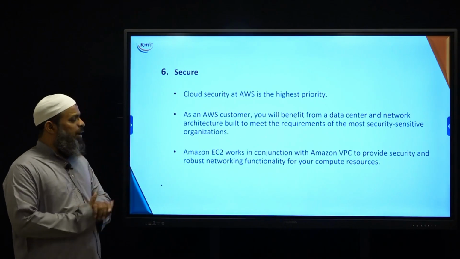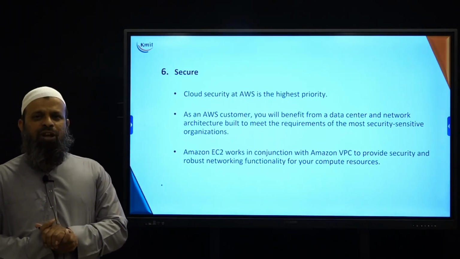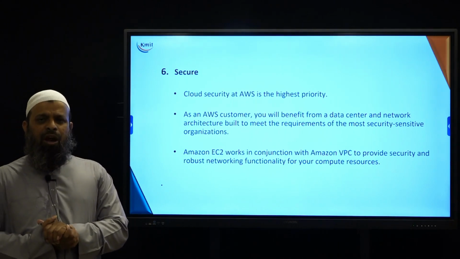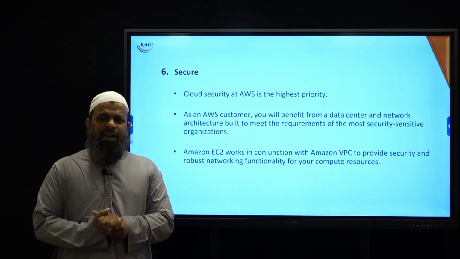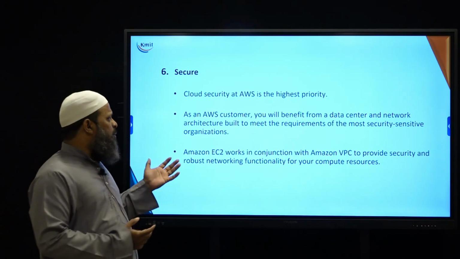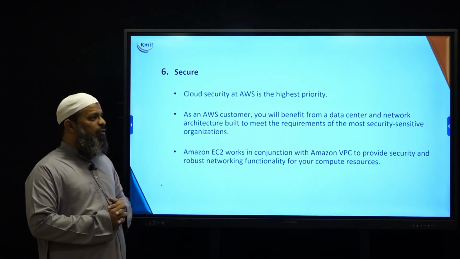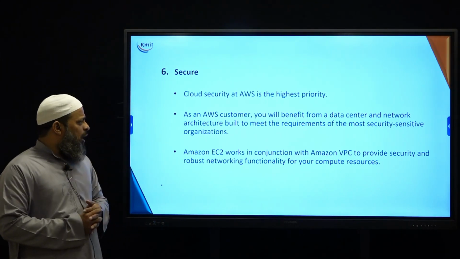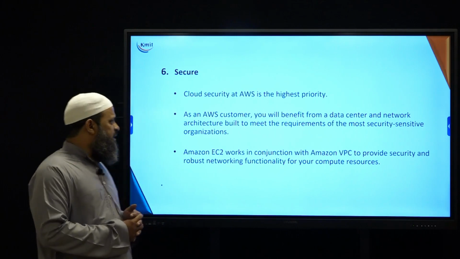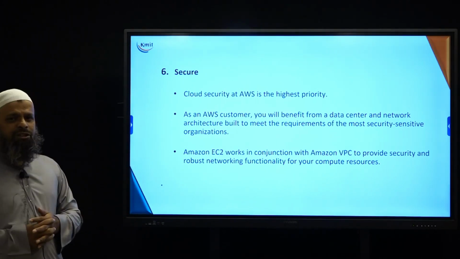Next, the benefit of security. Everybody wants security when some applications of an organization are running on the cloud. Everybody is scared whether my data will be stolen or hacked. So for Amazon, security is the highest priority of AWS. You can benefit from the data center and network architecture built to meet the requirements of the most security sensitive organizations.